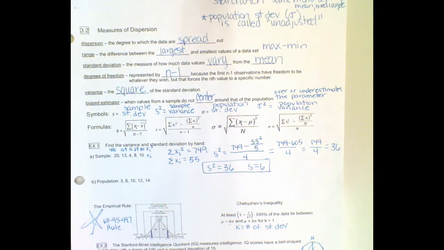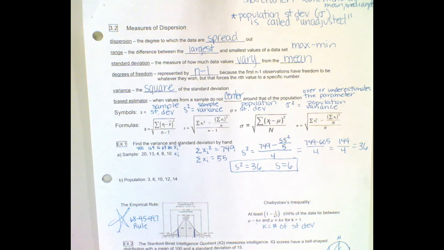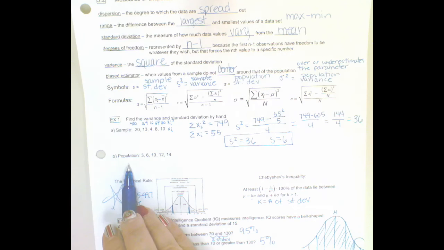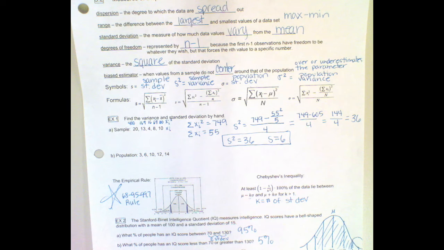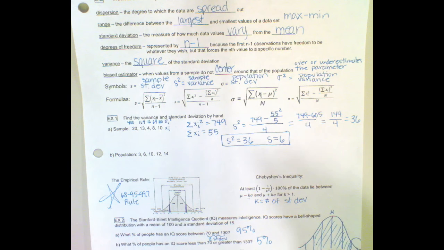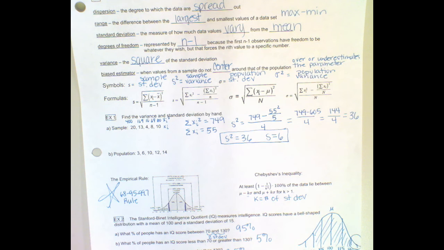So if you understood what we did here, then you can probably quit watching for this last part. I am going to go back in and finish this last one. So if you had trouble with what we did here, then follow along with this and maybe a second time will help. We're not using the same formula because it says population rather than sample, but it's the same idea.